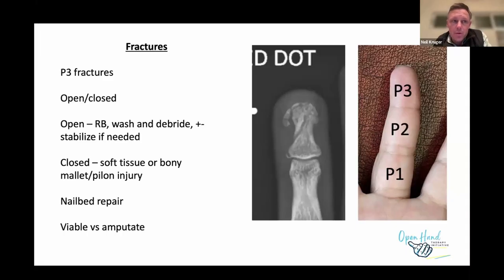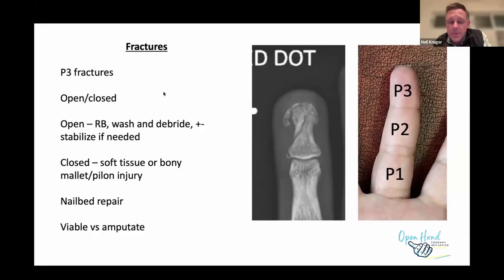So what Pieter earlier mentioned, he showed you a nice lateral of a large bony mallet fracture, and that large bony mallet fracture caused the distal phalanx to sublux volarly, and that is one that does need surgery and needs to be managed acutely appropriately.